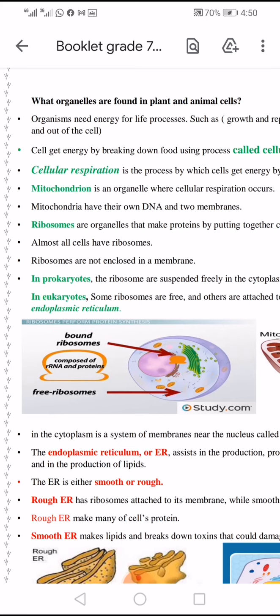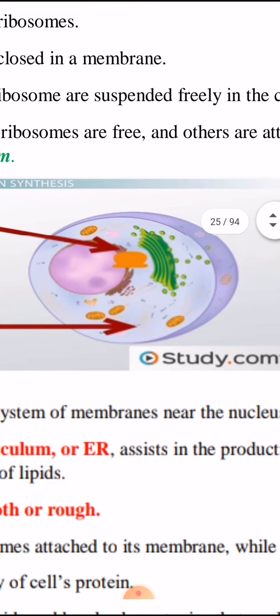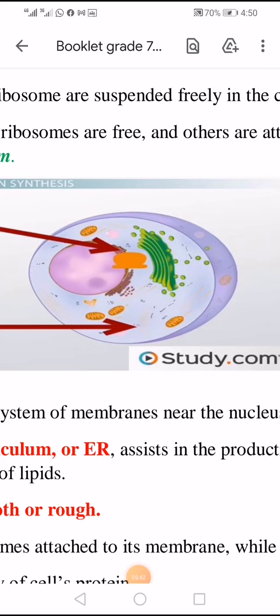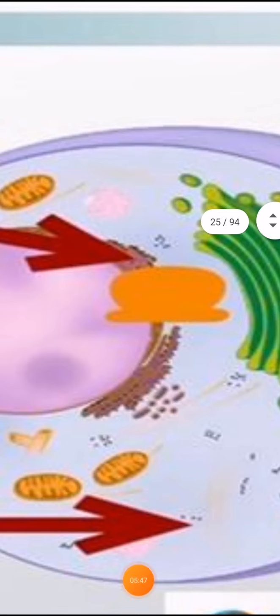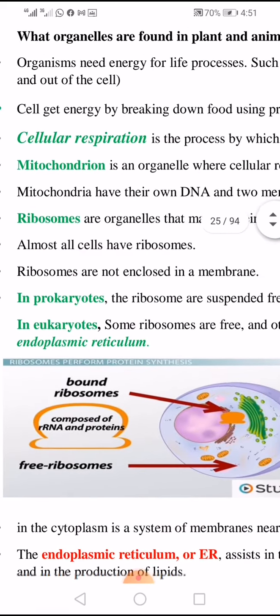Look, this endoplasmic reticulum, the yellow one. This is the endoplasmic reticulum, with ribosomes attached. This dot is a free ribosome. This is found in eukaryotic cells.